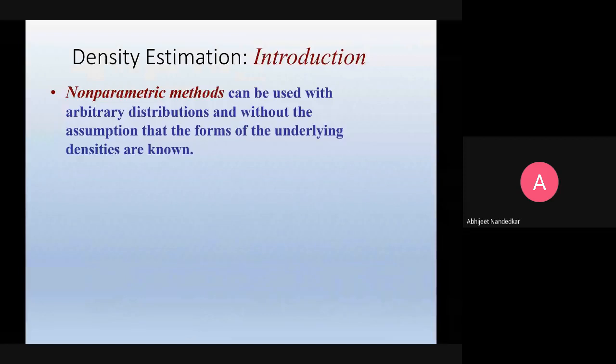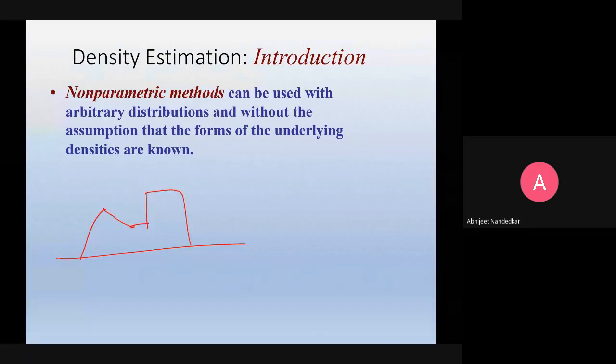So non-parametric methods can be used with arbitrary distribution and without the assumption that the forms of underlying densities are known. So you can have any kind of shape. Suppose I have this shape as my distribution. So there is no regular shape here.